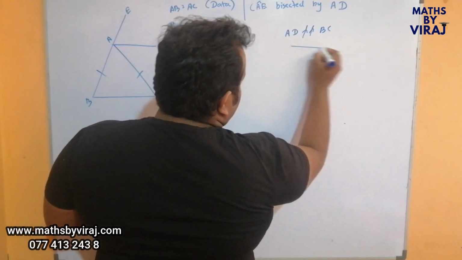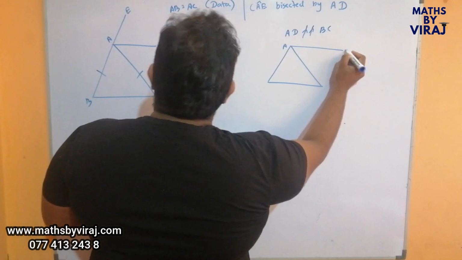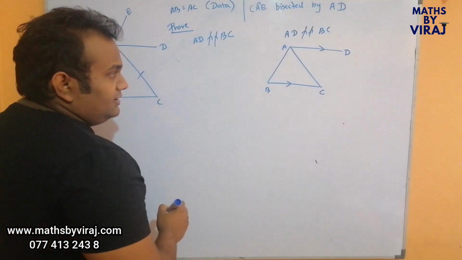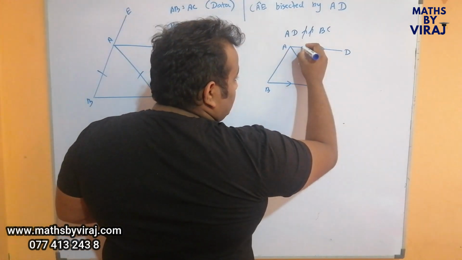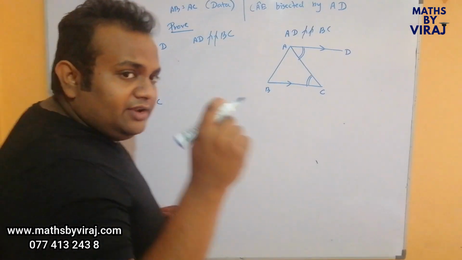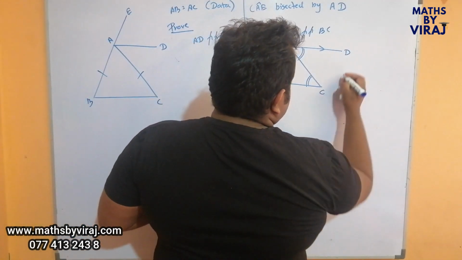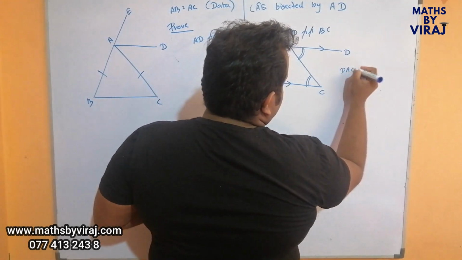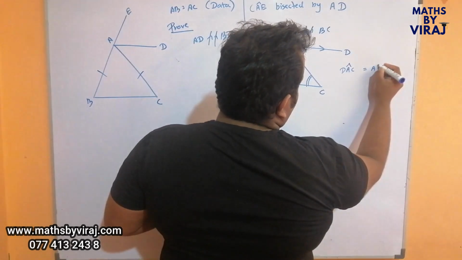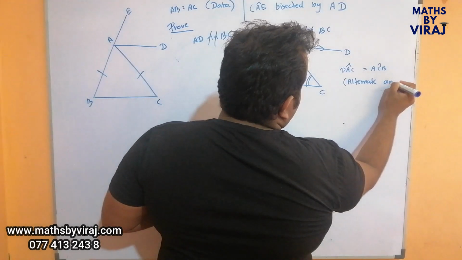Now, if side AD is parallel to side BC, if these two are parallel, then we can come to a conclusion that these two angles are equal in value by alternate angles, right? So we can say that DAC will be equal to ACB by alternate angles, right?